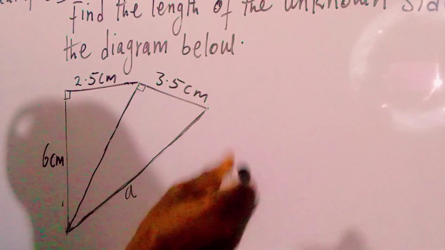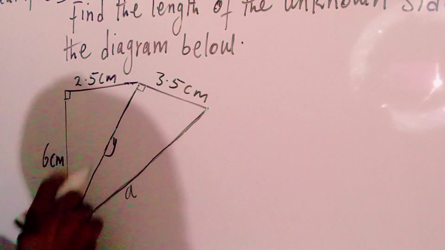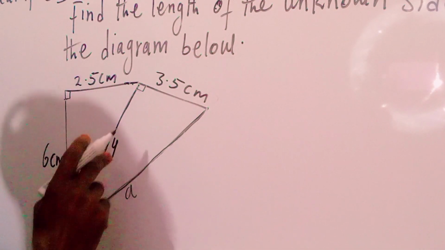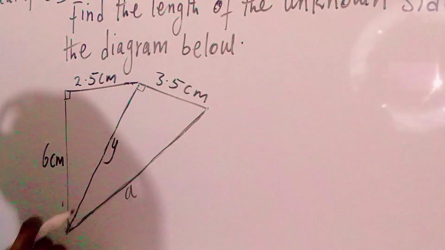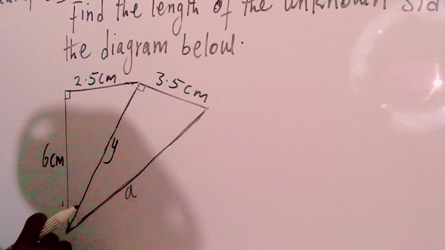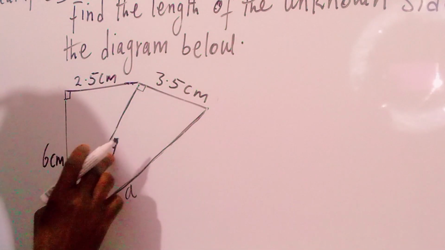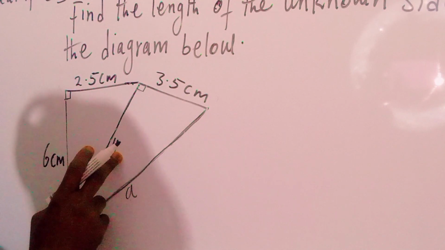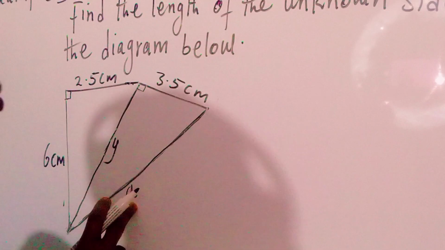If you call this point y, it means you're going to be having two unknowns for this very triangle. But then the only way out is to take this side of the triangle and solve for y. When you're done solving for y, it makes it easy for you to find side A, which is our major point of interest.